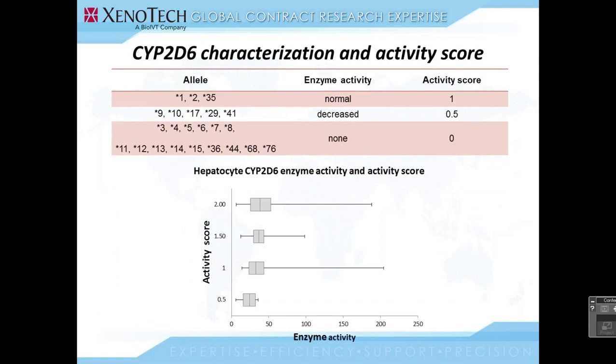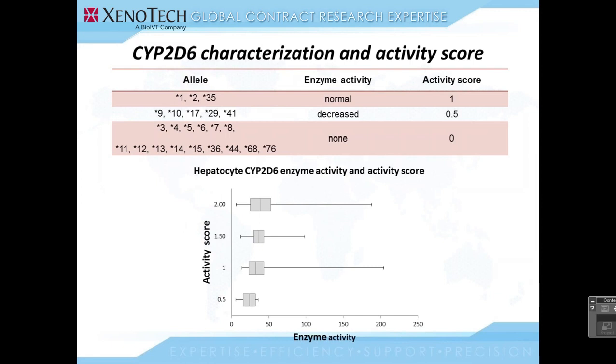Polymorphism of CYP2D locus is particularly complex. In the array, we employ multiple normal, decreased, or no-activity alleles as listed in the table at the top of this slide. Activity score, AS, on the other hand, is the value that characterizes CYP2D6 metabolic activity without referencing any of the individual alleles present in a donor.